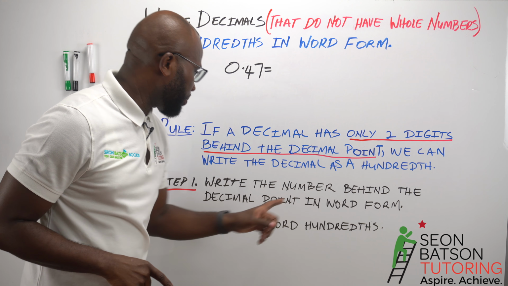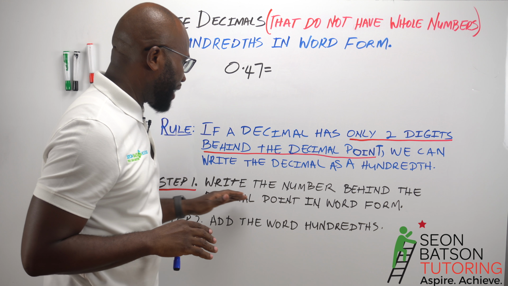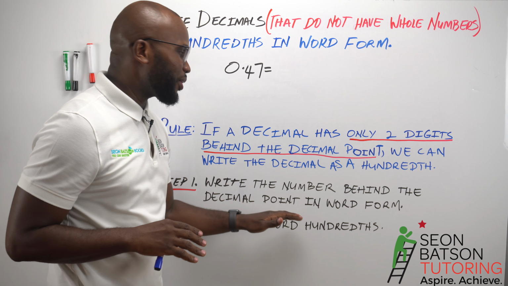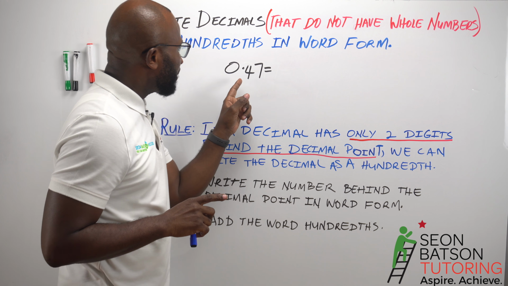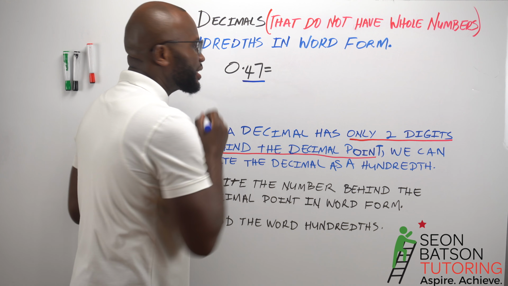Let's go to our first example here. We want to write 0.47 as a hundredth in word form. So, what is the first step? The first step is to write the number behind the decimal point in word form. Behind our decimal point, we have 47, yes? So we will write 47 in word form.